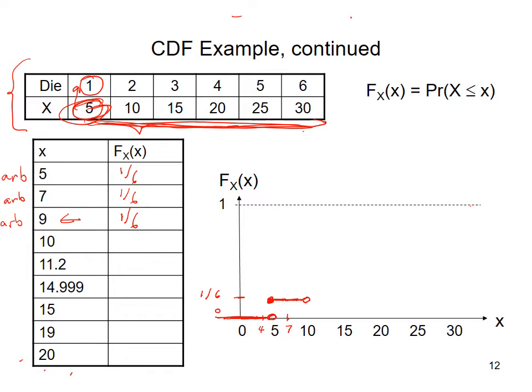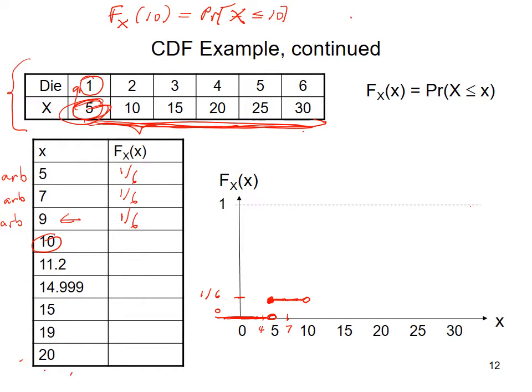There's the pen. So now I want to try the probability x less than or equal to 10. So I'm going to do now fx of 10, capital F for the random variable x, evaluated at the number 10. By definition, the probability that the random variable x is less than or equal to 10.